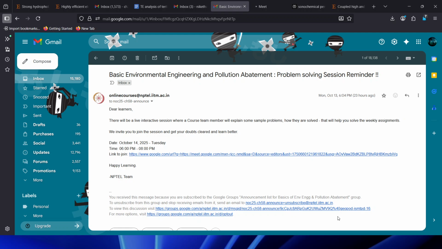So we were looking at methods to control gaseous pollutants in industries. Based on what we've seen so far, can you list what methods are useful for controlling gaseous pollutants?